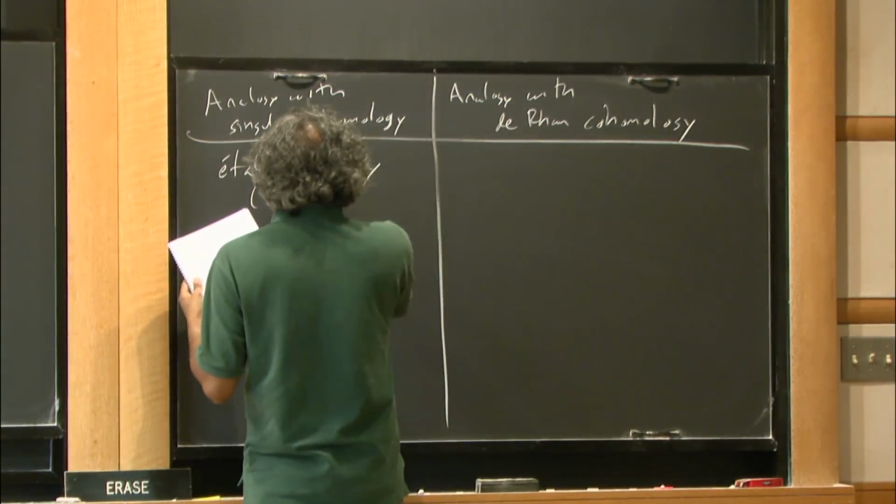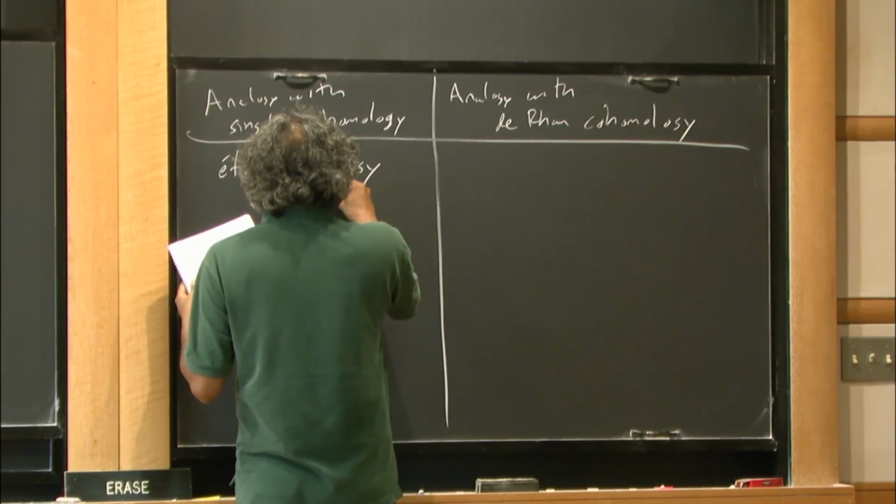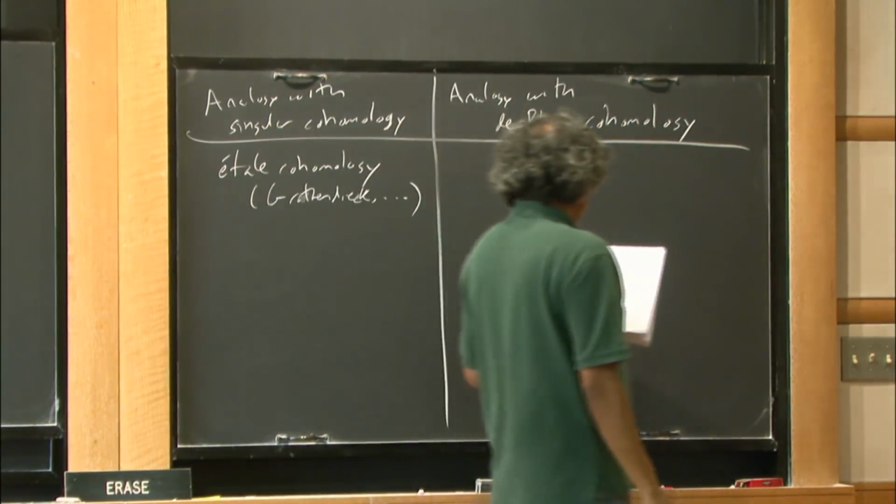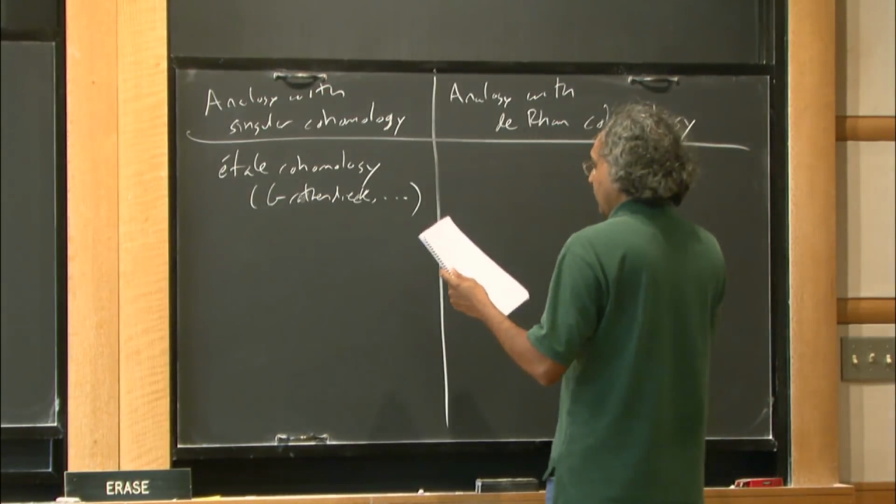So the study of Etale cohomology was initiated by Grothendieck, and then many people, including Deligne, added key components to it.